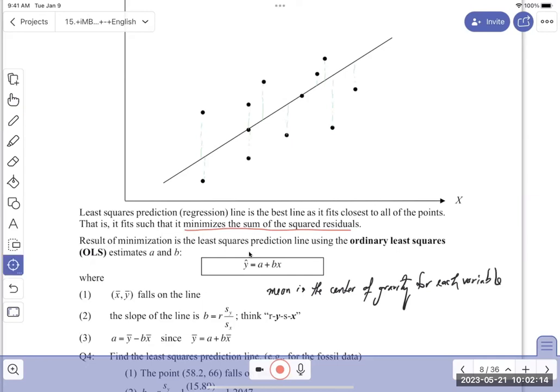What it's doing is positioning itself in the middle of all the points. In other words, in the language that I'm using now, it's the position that's closest to all the points.